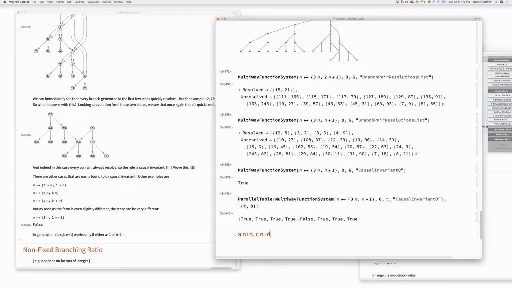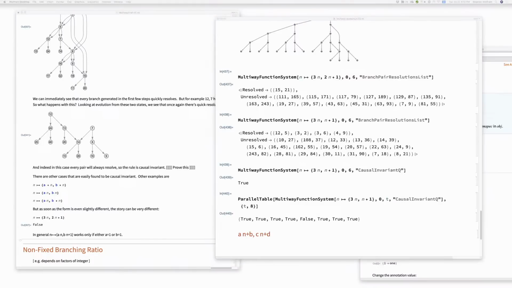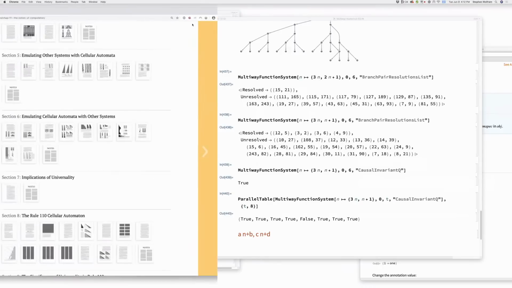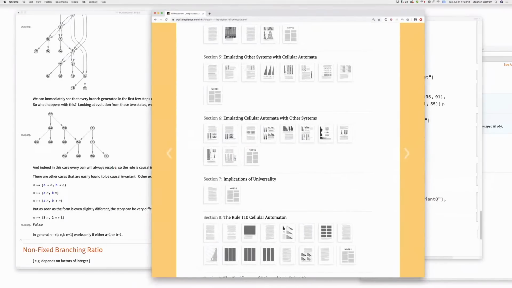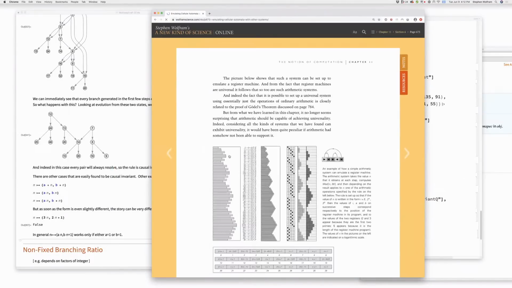Richard on a live stream is commenting about things to do with the 3n plus 1 problem, that's generalizations. Yeah, that's correct. And we can look at some of these contingent things. There's a pretty good example in the NKS book, as I recall. Let me show you an example here, of the case with numbers.